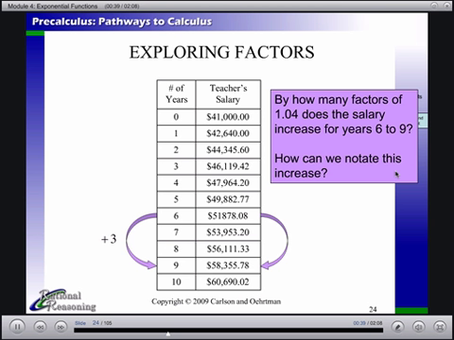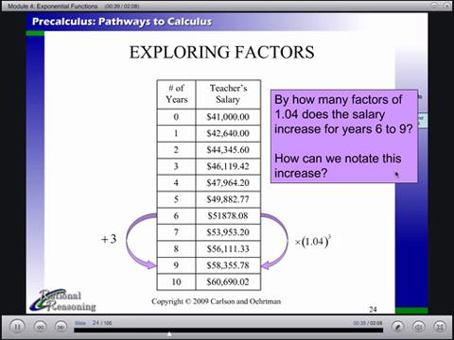Okay, so here we go. We're in salary in year 6. How do we get the salary in year 9? By how many factors of 1.04 does the salary increase from year 6 to year 9? It's the same thing, right? If every year it increases by a factor of 1.04, then in any 3-year period, it's going to increase by this factor of 1.04 to the 3rd.